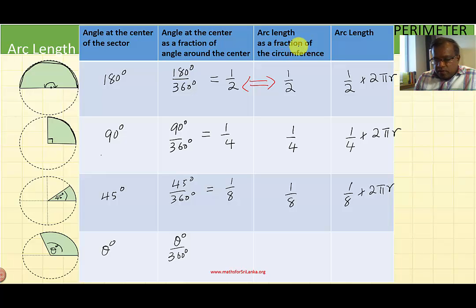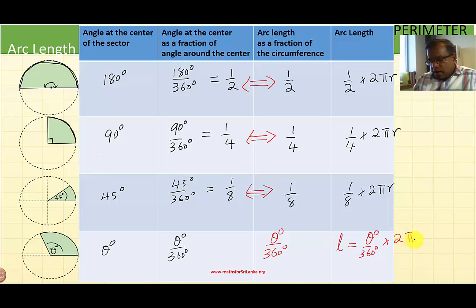So 1/2 is equal to 1/2, 1/4 is equal to 1/4, 1/8 equal to 1/8. Therefore the arc length as a fraction of the circumference has to be theta over 360 degrees, and that will give you the arc length: theta over 360 times 2 pi r.